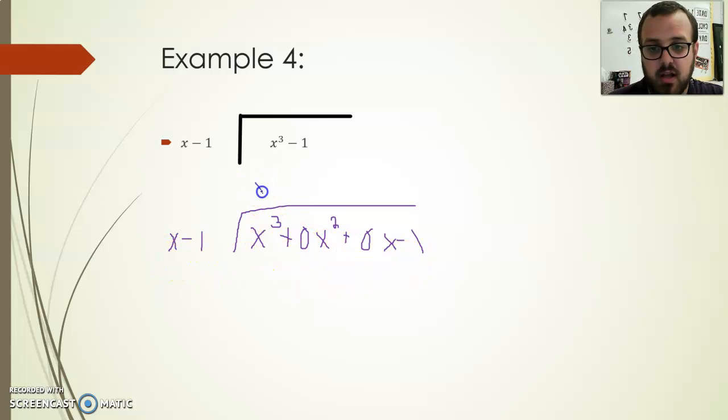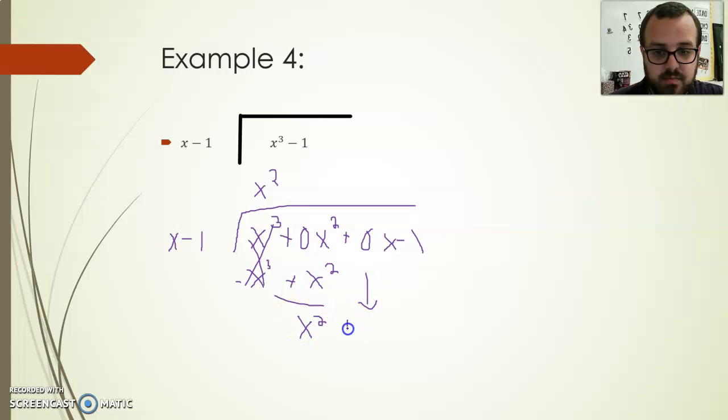So for this one, multiply by x squared. I'm going to get x cubed minus x squared. Change my signs. Cancel. I'm going to get x squared. We'll bring down the 0x. Once again, I'm going to multiply by x.